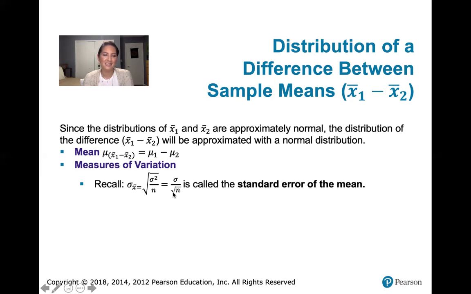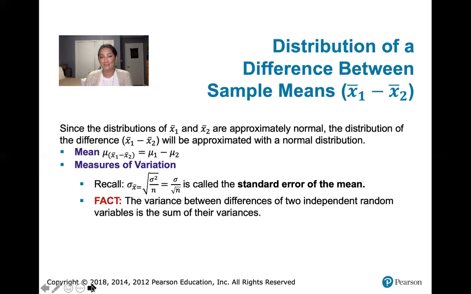Sometimes, rather than calling this the standard deviation of the sample means, it's called the standard error of the mean, or you'll see it abbreviated SEM, or sometimes people will just say standard error. Keep that in mind.